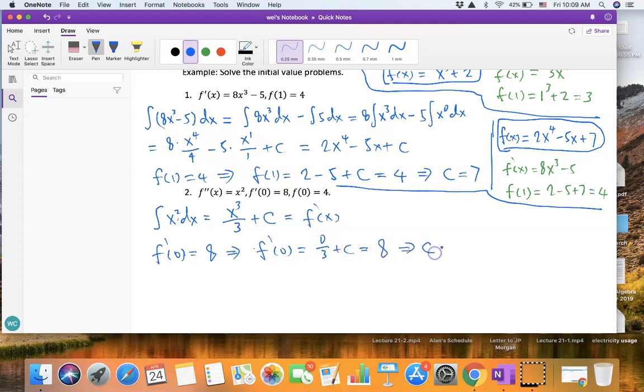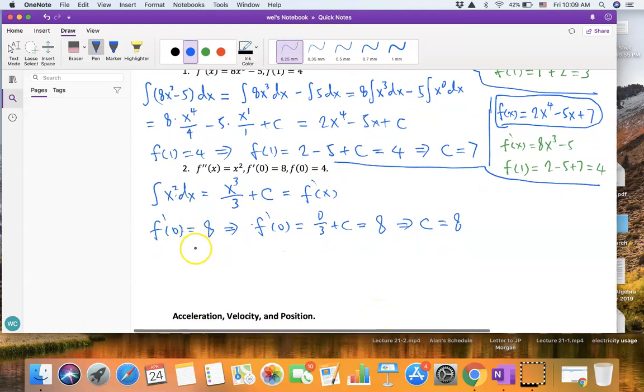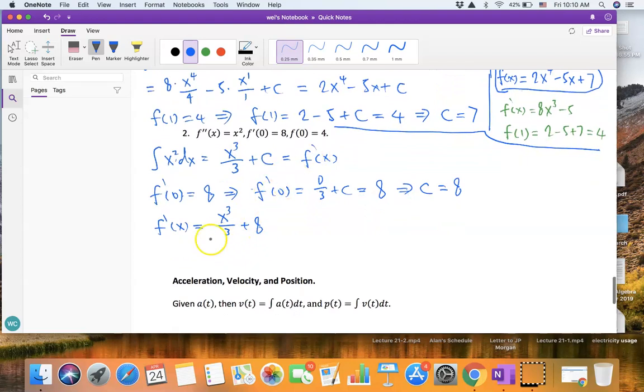That means c equals 8. So the derivative function f prime of x will be x to the third over 3 plus 8.